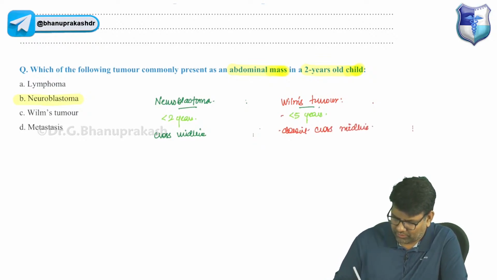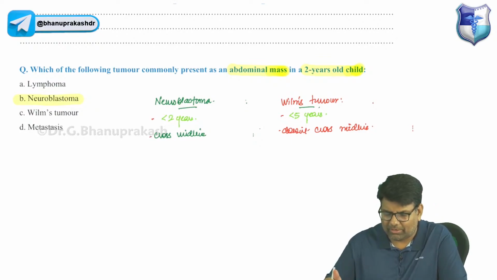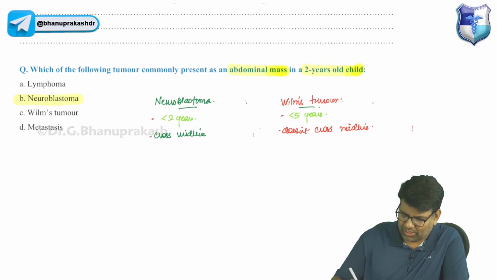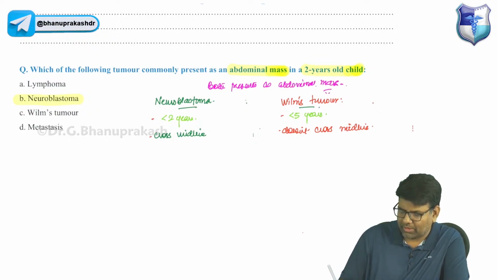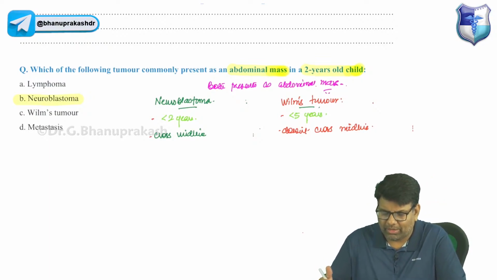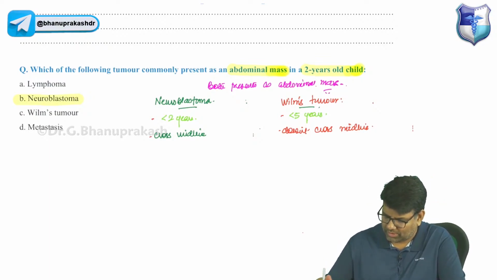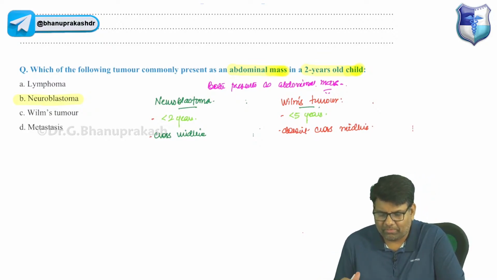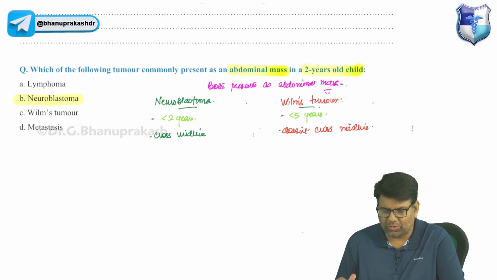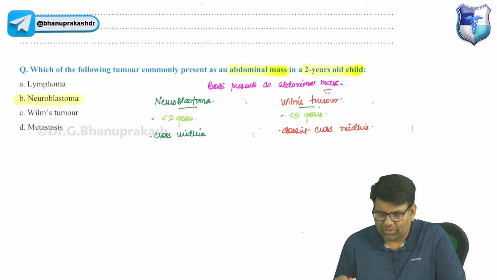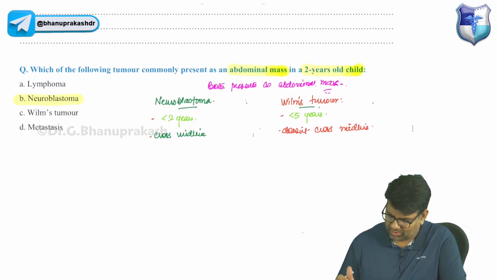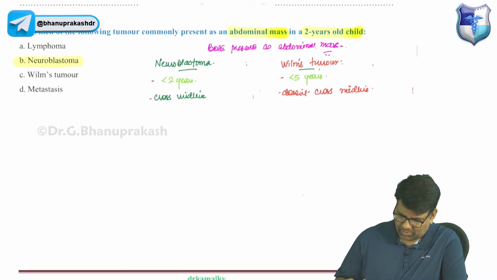These are two important differences: age and midline crossing. Both present as abdominal mass, and therefore they come in differential diagnosis. So Wilms tumor, that's nephroblastoma. Age is different, and Wilms tumor is usually on one side. Neuroblastoma crosses the midline. Very good. Just remember this much.